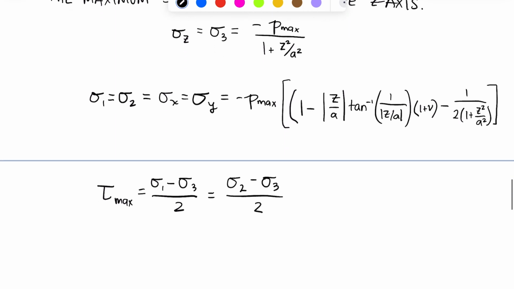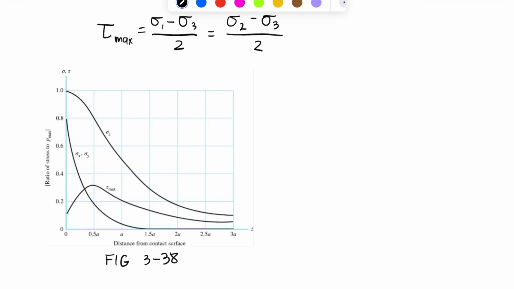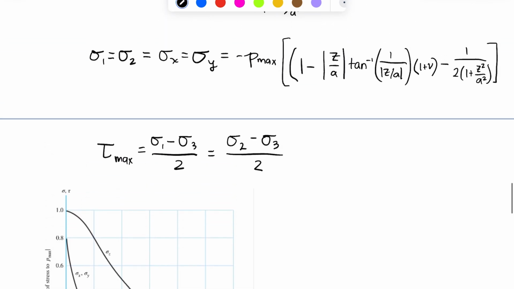Now, we have a figure, which I will pull up in a second, that shows the magnitude of the stress components as a function of distance from the contact surface. So let me grab that figure. This is figure 3-38 in your textbook, and this figure plots the stresses that we've just written out equations for, right?